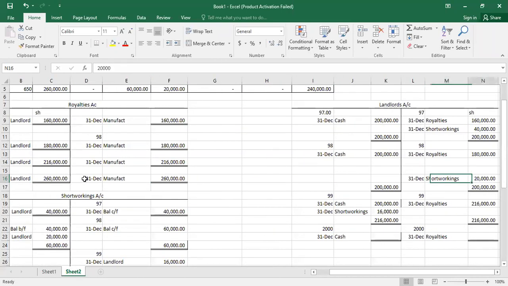So you go to the landlord's account, closing it with the royalties, which is 260. In the year 2000, try to eliminate this.